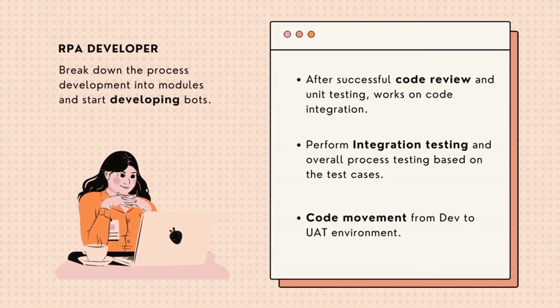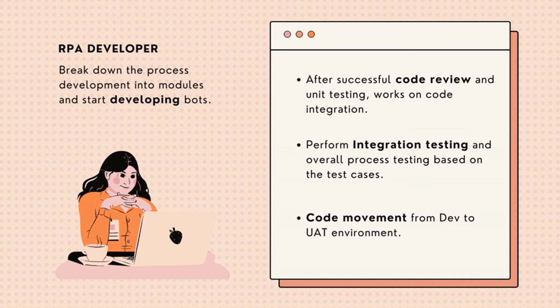Next, the RPA developer breaks down the process into development modules. This is the job of a senior developer or architect. Sometimes an RPA developer who is knowledgeable can also do that. Once your process is broken down into modules, you can start developing.